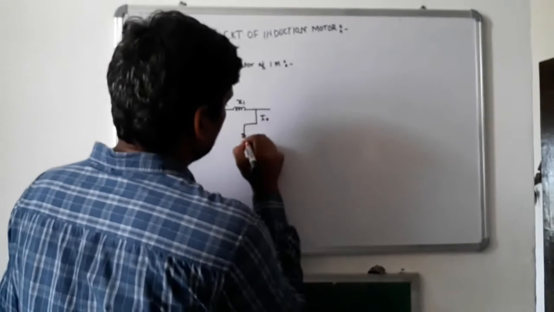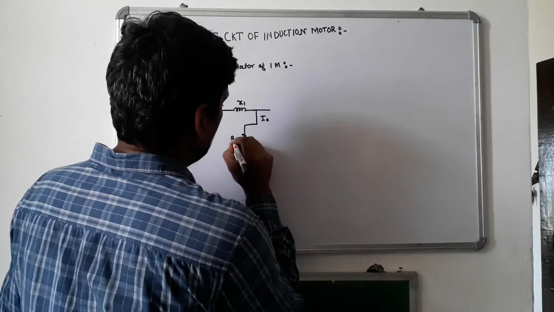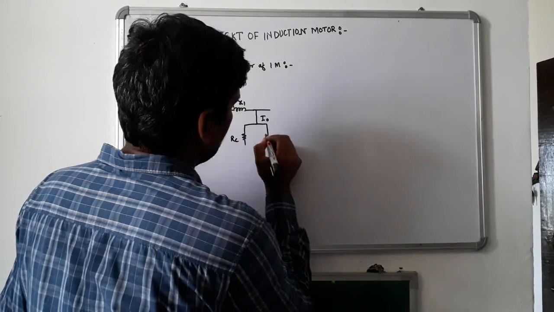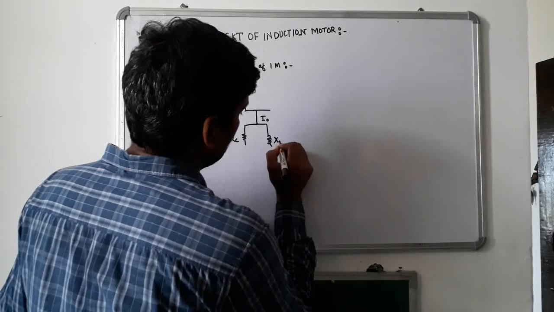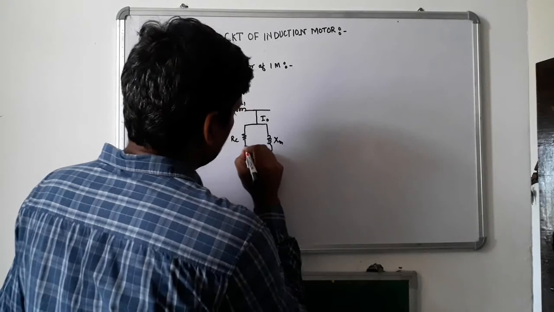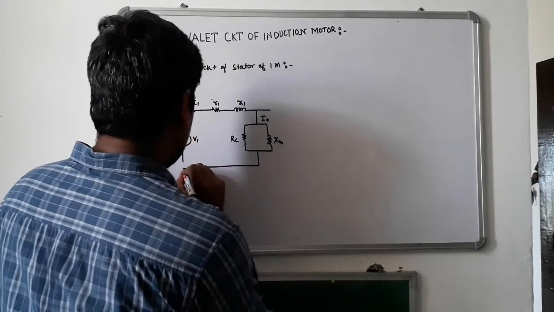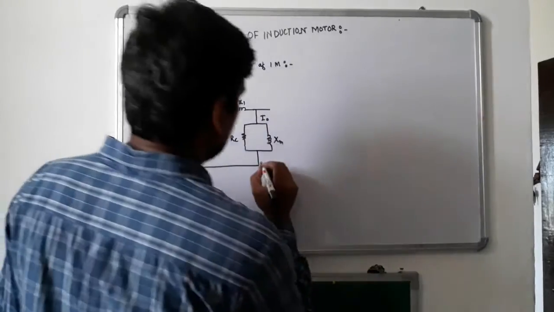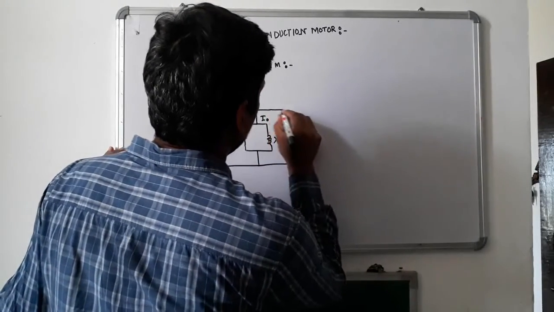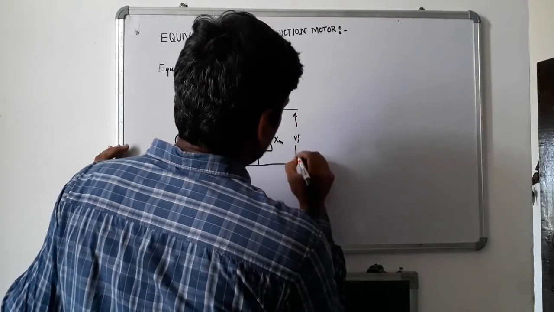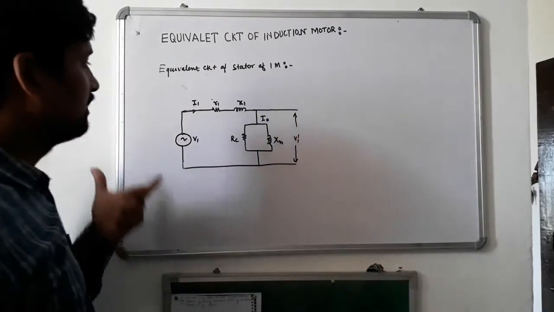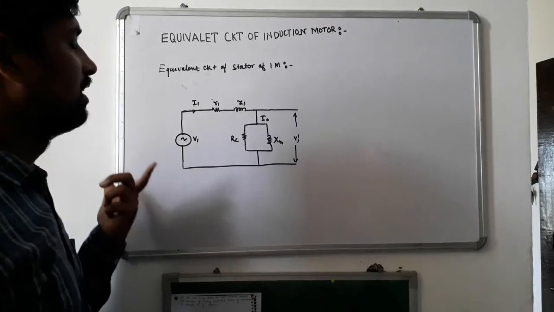This is the core loss resistance RC, and this is the magnetizing inductance XM. And this will be V1 dash. This is the equivalent circuit of the stator winding of the induction motor.